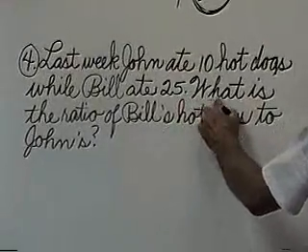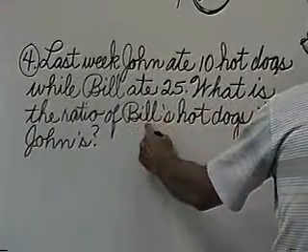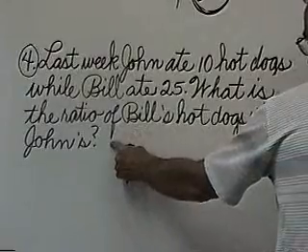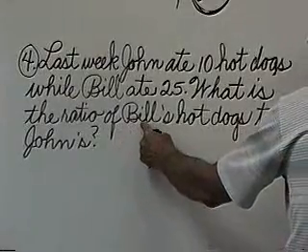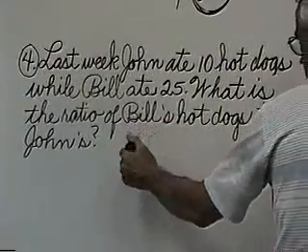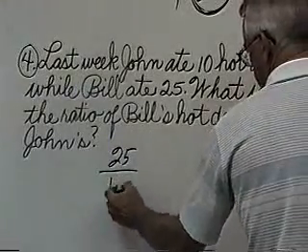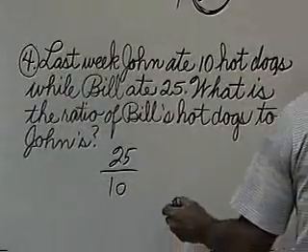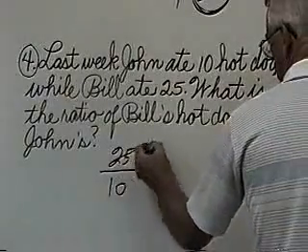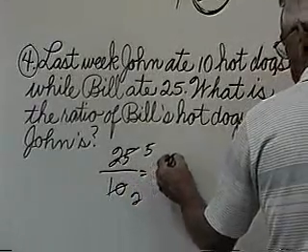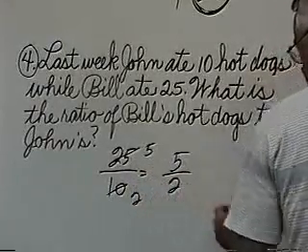It says, what is the ratio of Bill's to John's? So that means Bill's goes first or on top. So that would be 25 to 10. Okay, and then you divide 5 into that, it'll go 5 times, and 5, that'll go 2 times, and so therefore the ratio is 5 to 2.